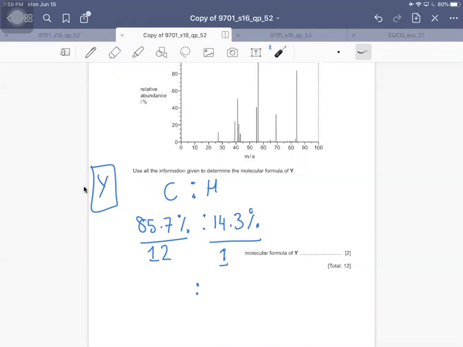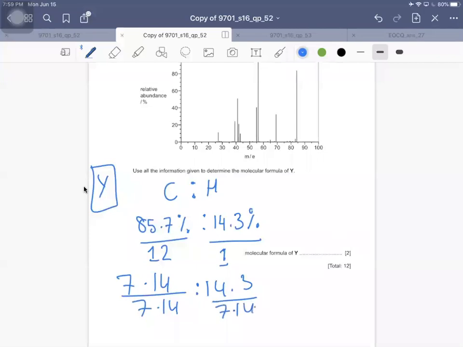85.7 divided by 12 is 7.14, and 14.3. So 7.14 to 14.3, and then you divide by the smaller number.